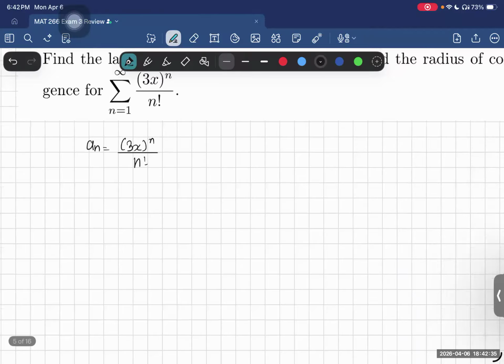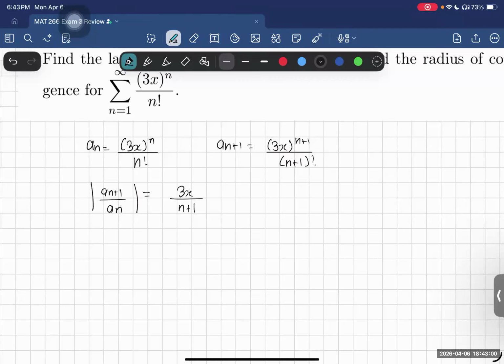So now, my a_(n+1) term will be (3x) raised to n plus 1, entire thing divided by (n plus 1) factorial. We'll take the ratio again, the same old thing. So the ratio will come out to be 3x divided by n plus 1, right? I've basically just cancelled out some terms. You all will be pretty comfortable doing that by now. We have already done that in the previous two.